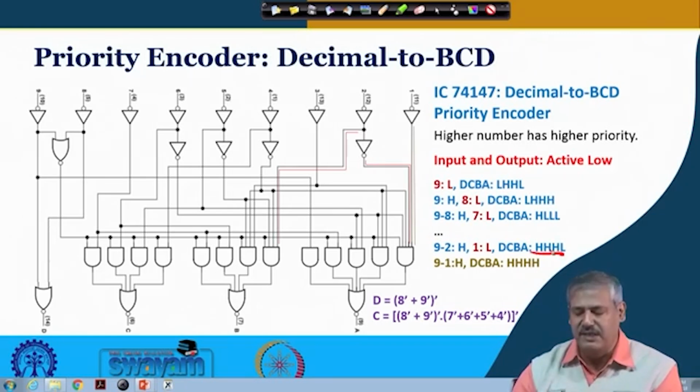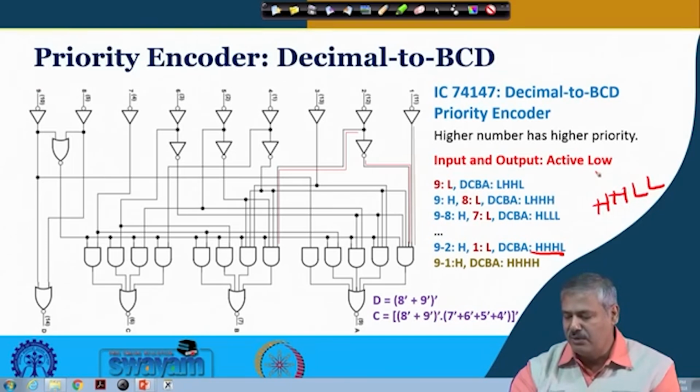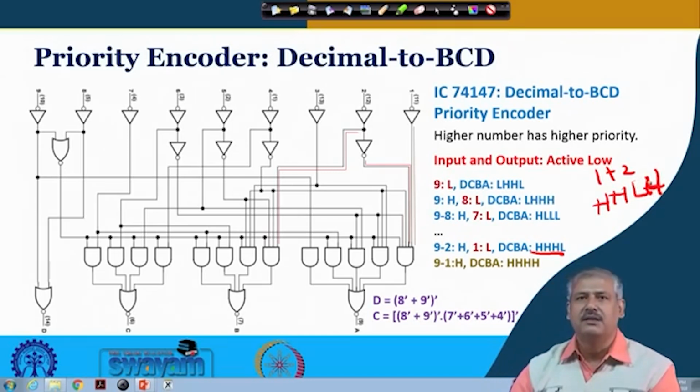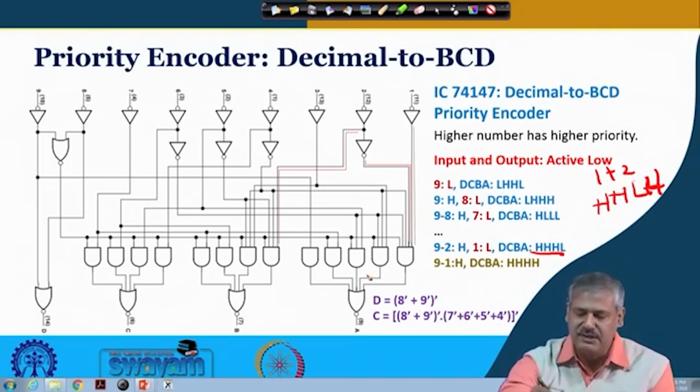When 2 is present, you will see high, high, low, high. But when 1 and 2 are simultaneously pressed, you will see H, H, L, H. That is the priority encoding, and it is included in this particular circuit.